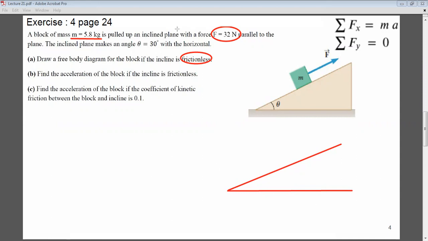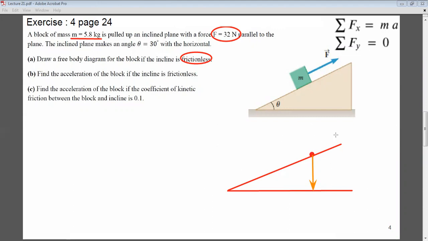Now I put, instead of this big block, a small tiny sphere, and now I put all the forces on it. Okay, so let's do this in a different color. The forces are, the very first force, you always remember that the first force is the weight, and it should be perpendicular to the ground. So here it's perpendicular to the ground.